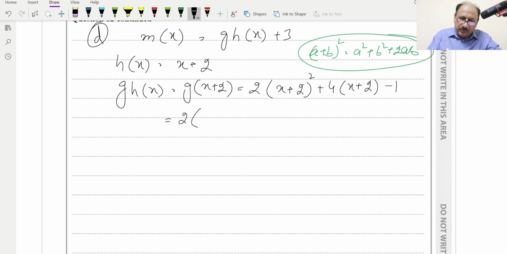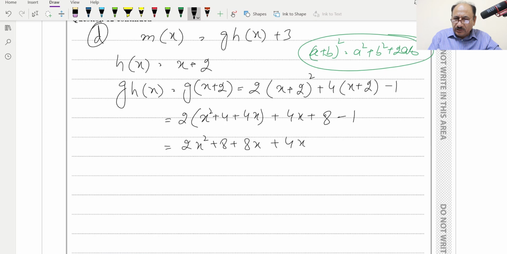So we will be applying it on this, so it will be x squared plus a squared plus b squared plus 2ab, so 2 into 2 is 4, so 4x. Plus this one we can open bracket, so it will be 4x plus 4 into 2 will be 8, and minus 1. Further, next step we can open bracket, so 2x squared plus 8 plus 8x, and plus 4x, and plus 7.